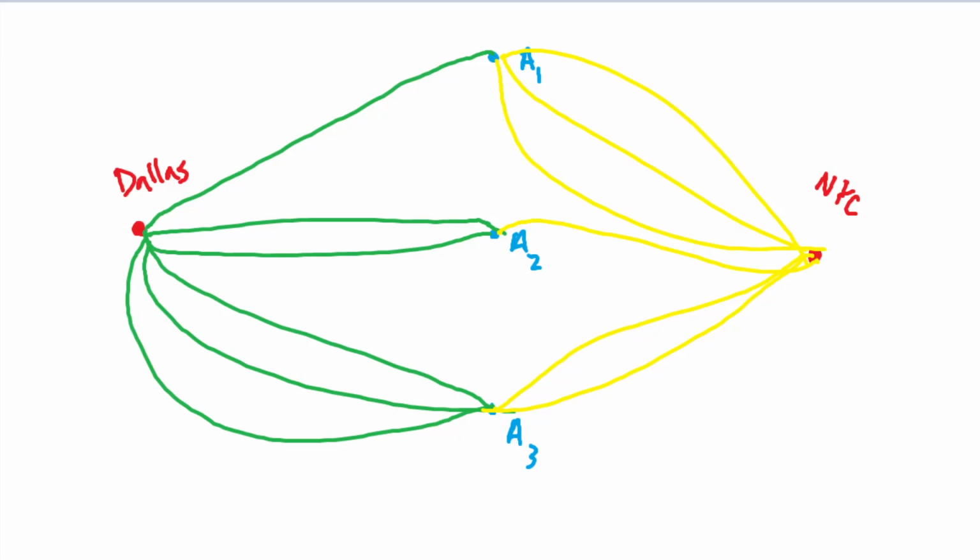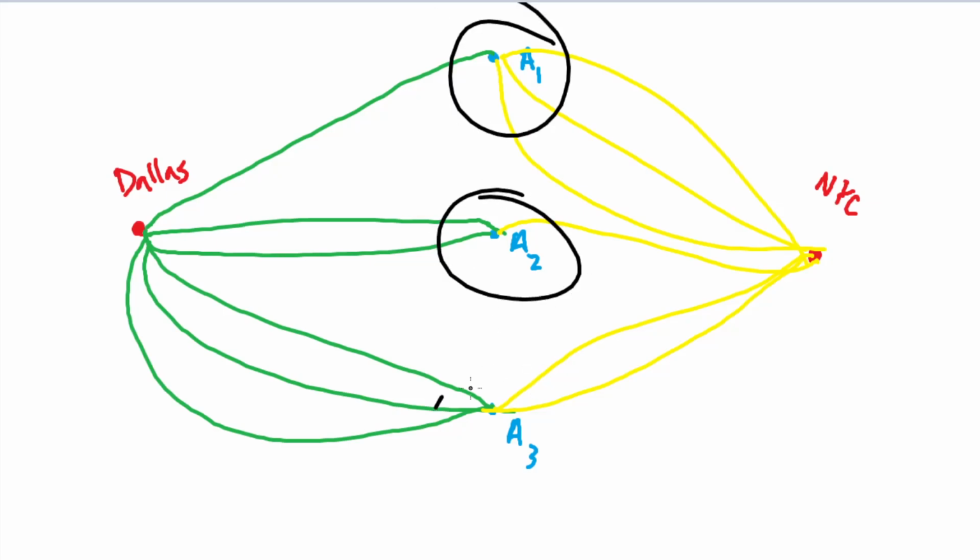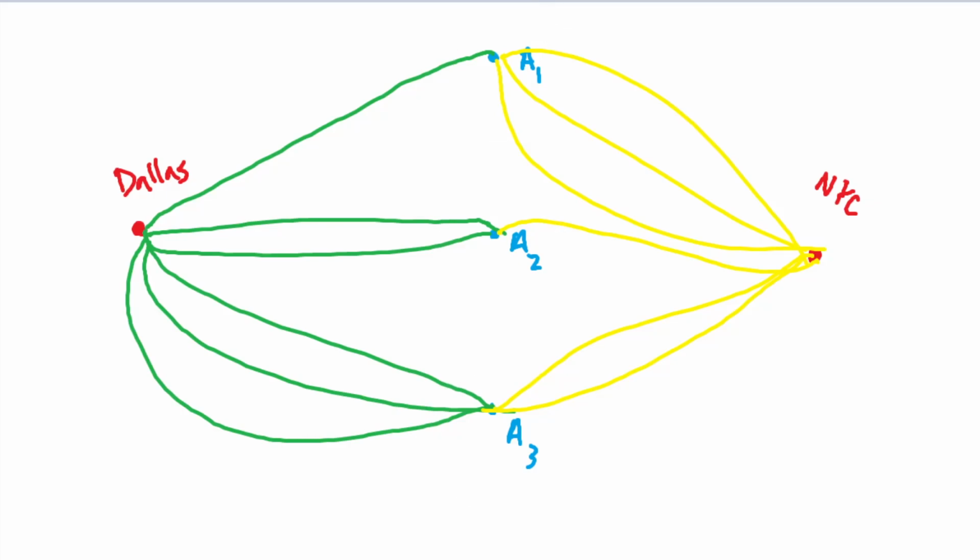With that in mind, let's consider how many ways you can arrive at each of these airports and how many ways you can leave them. For your first airport, there's 1 way to arrive and 3 ways to leave. So there's a total of 3 paths that go through airport 1. As for airport 2, there are 2 ways to arrive and 1 way to leave, so there are 2 paths that go through airport 2.